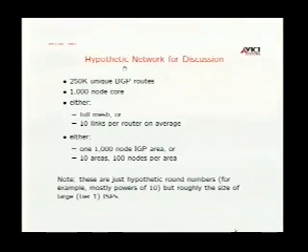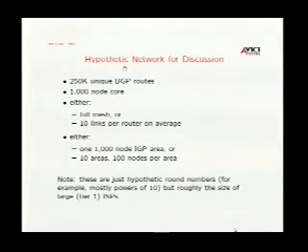Just for a scaling discussion, we'll talk about 250K unique BGP routes, and we won't go into how many instances. 1,000, and everything is just powers of 10 for the purpose of discussion. A 1,000 node core, either a full mesh or 10 links per router on average, and that's just so that everything's a power of 10.